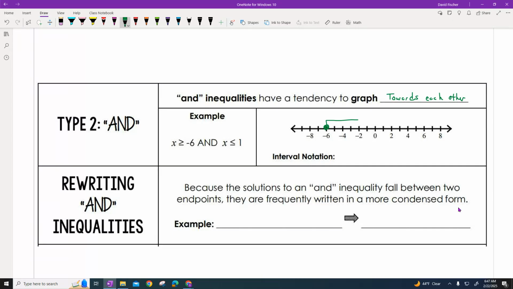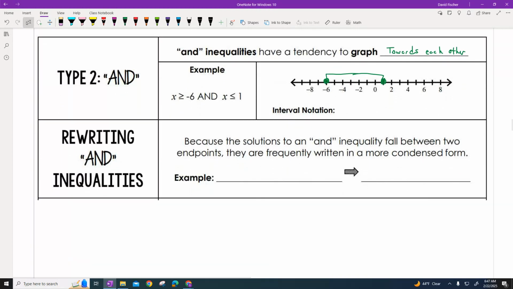And it says x is less than or equal to 1, so that means a closed circle on 1. If I want all the numbers less than, that means it goes this way. Okay? Don't worry about that interval notation again. I'm not sure how that guy keeps getting in there.